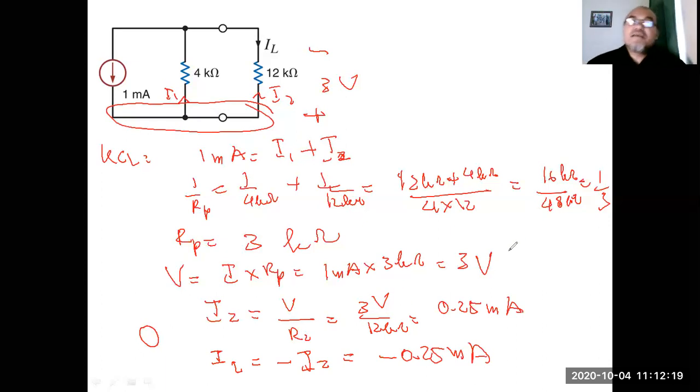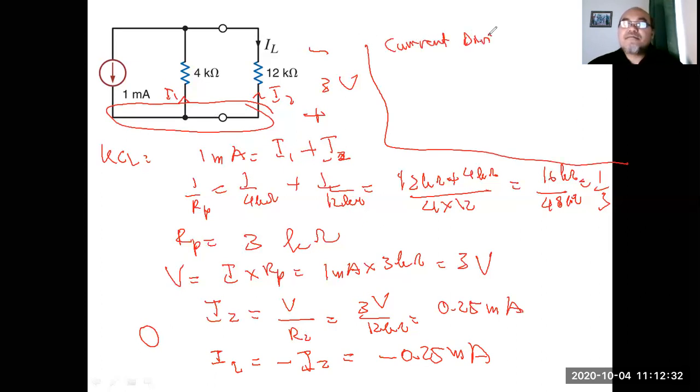If we want to be straightforward, we can immediately use the current divider formula. This is another method. I2 equals 4K divided by 4K plus 12K multiplied by 1 milliampere, which is 4 divided by 16, or 25%.